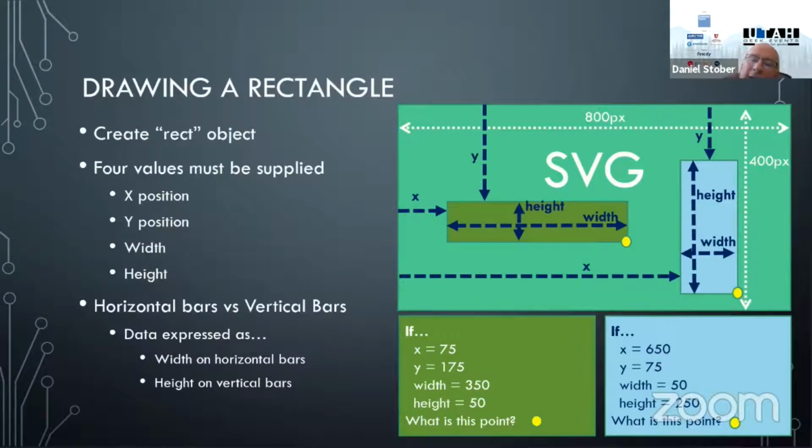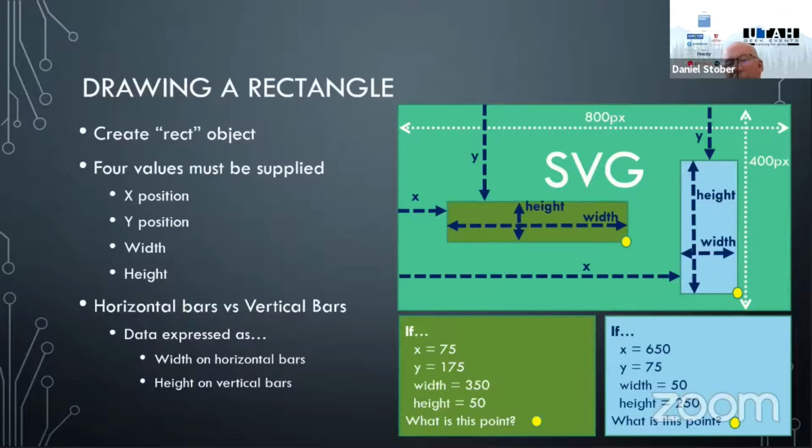One more thing to state is that if I'm doing a chart where the bars are horizontal, my data value is going to be captured by using the width. If I look at the green one there, if I had several of those green ones, ordinarily they would be different lengths, and so you do that by changing the width on those.